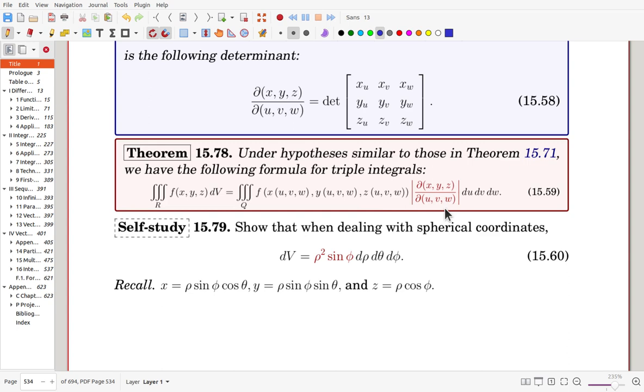So the change of variables can be easily extended to triple integrals. This is a self-study. Show that when dealing with spherical coordinates, we have this formula, and dV will be changed by rho squared sine phi, d rho, d theta, d phi.